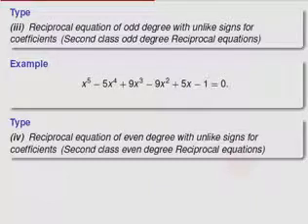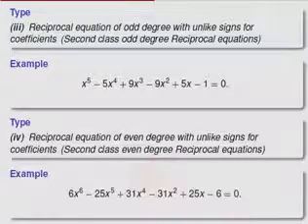Second class even degree reciprocal means even degree with unlike signs for coefficients. Example: x to the power of 6 minus 25x to the power of 5 plus 31x to the power of 4 minus 31x square plus 25x minus 6 is equal to 0.